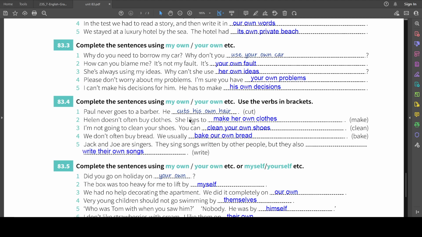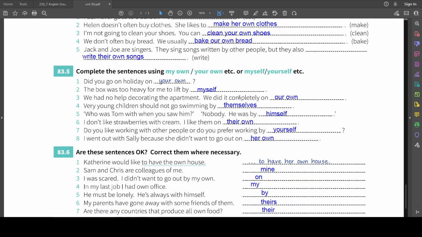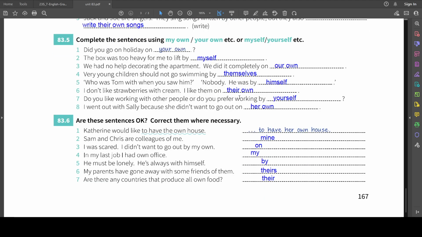Remember, when we use his own, like my own, we're talking about doing something ourselves instead of somebody else doing it. For example, Paul usually cuts his own hair, right? In that example, it is exactly the same.